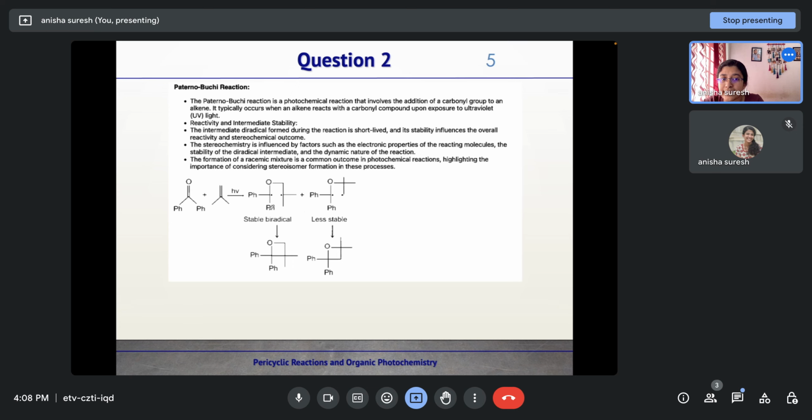leading to the formation of two types of biradicals.